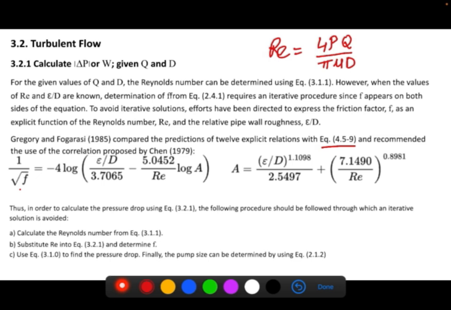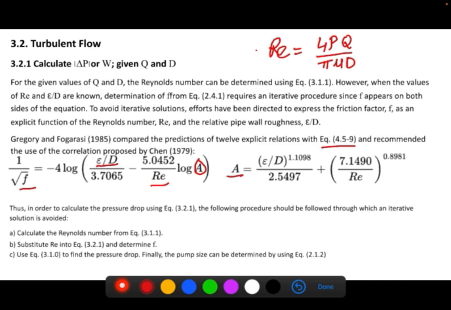This relation gives friction factor in terms of epsilon by d and Reynolds number with a constant A. The constant A can be calculated using the equations which also contain epsilon by d value and Reynolds number value.